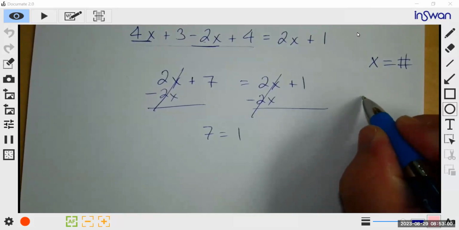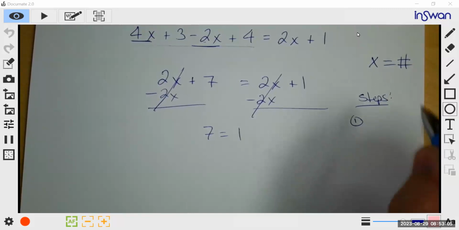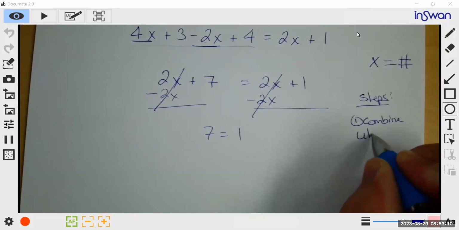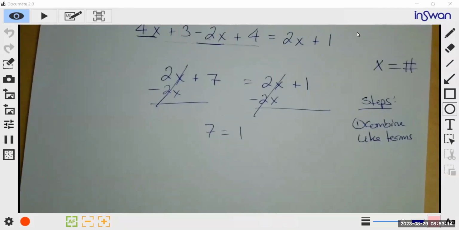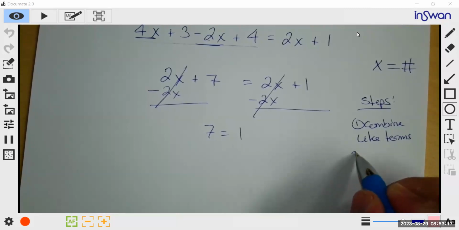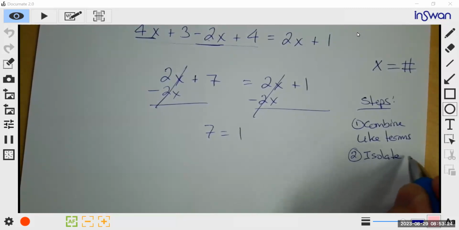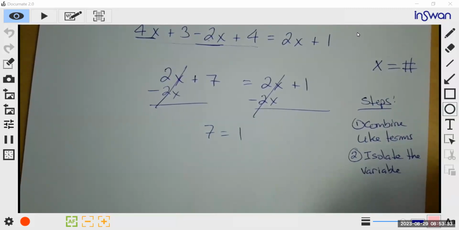So your steps are really this. Combine like terms. That's the first thing we did. Then we have to isolate the variable. What does that mean? Isolate the variable.